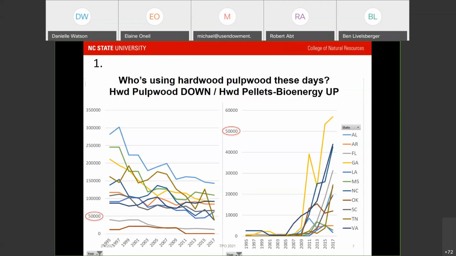But remember the scale is different, right? 50,000 cubic feet is the total for the pellet side, but it's down at a tenth of that on the paper side. So even though it's where the dynamic upshift is, and certainly regionally, pellets can be a bigger player than the paper industry.